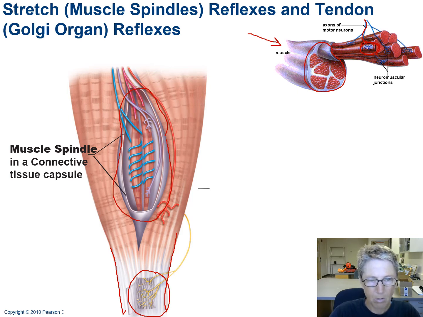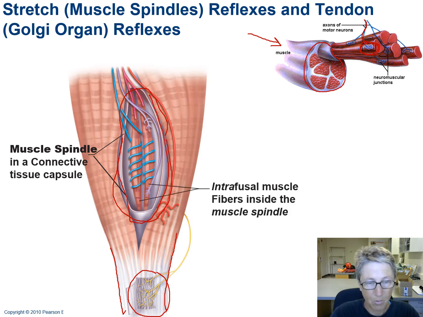So in all your skeletal muscles, you have this thing called a muscle spindle, and it's purple. Just kidding, it's not purple in your body, but it's this purple connective tissue capsule. And on the inside, you have these things called intrafusal muscle fibers that live inside the muscle spindle. So this guy right here is an intrafusal fiber inside the muscle spindle.